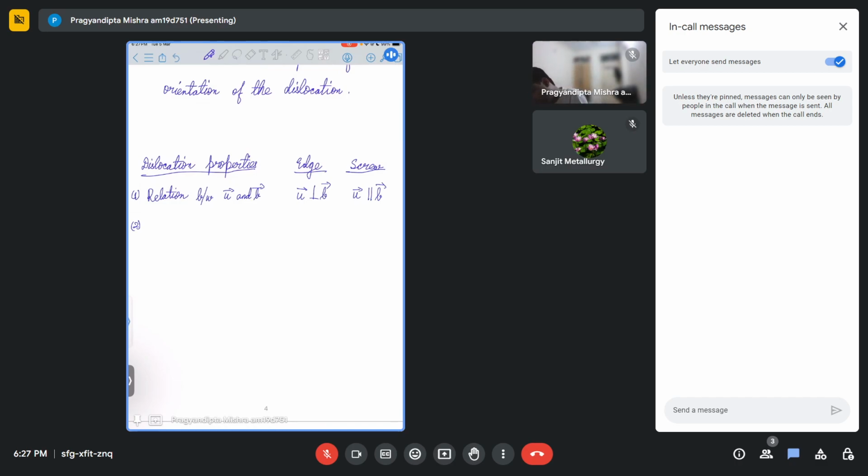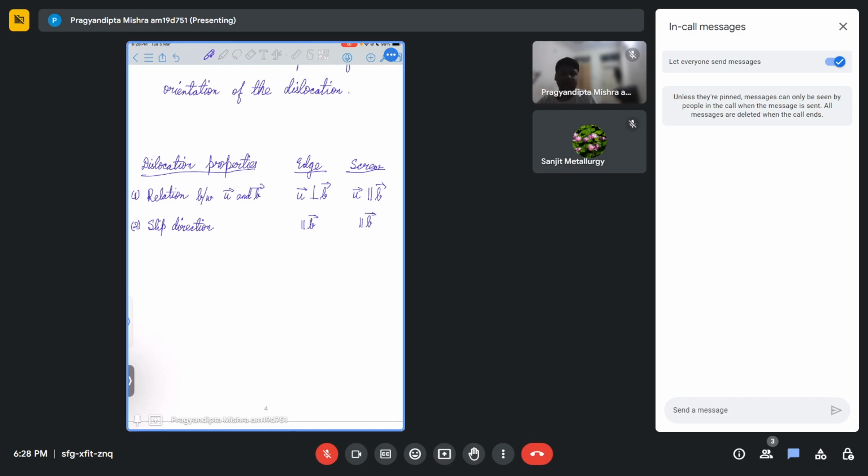In which direction will the slip happen? Slip direction is basically the direction in which slip happens, or the slip vector. So it is the same as the Burgers vector. You can just say parallel to the Burgers vector.